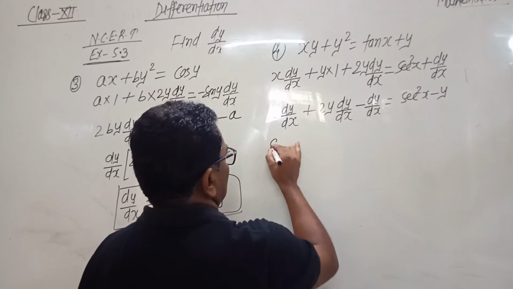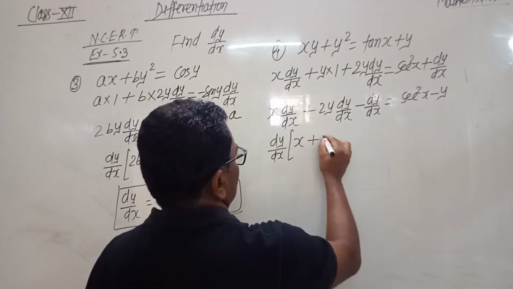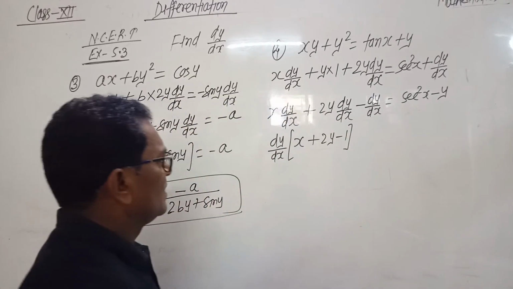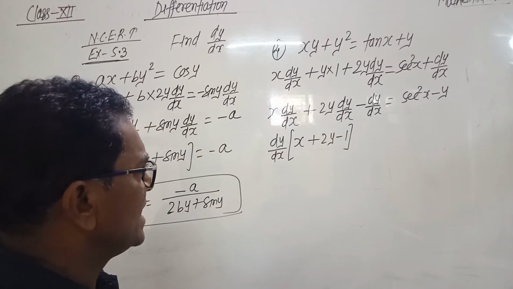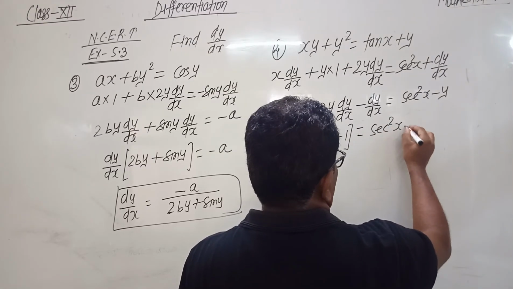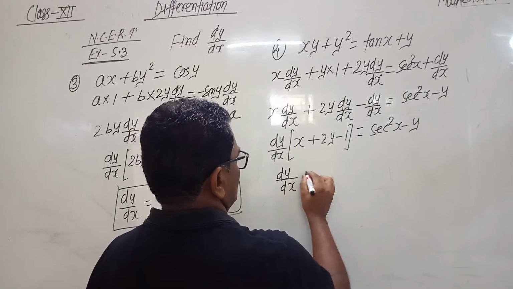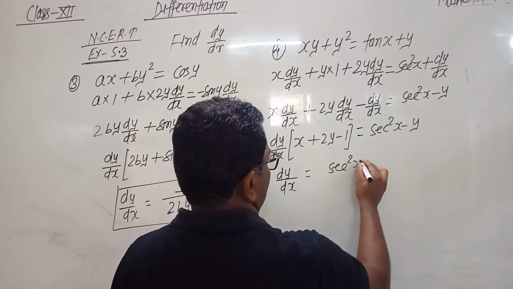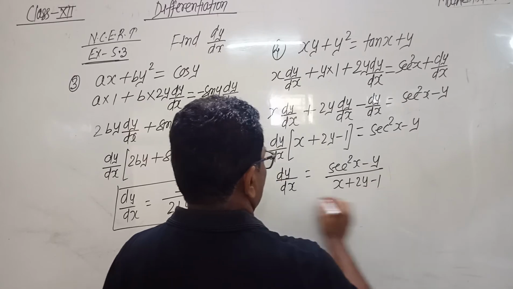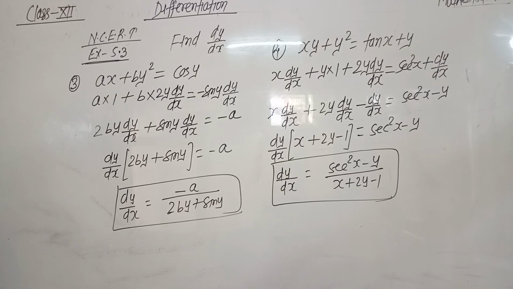From all these terms, dy by dx is taken common, so we get x plus 2y minus 1 equals sec square x minus 1, and dy by dx comes to be sec square x minus 1 upon x plus 2y minus 1. This is the dy by dx.